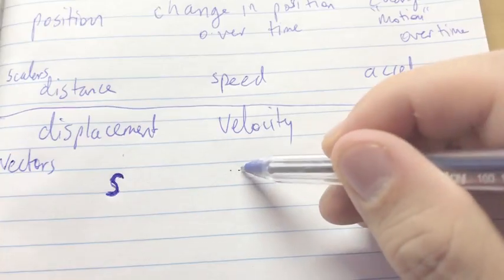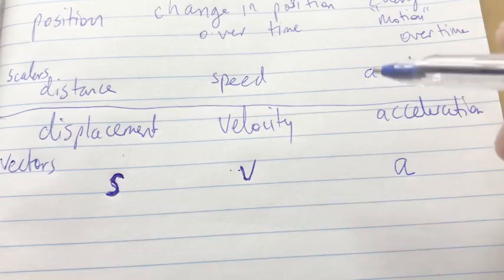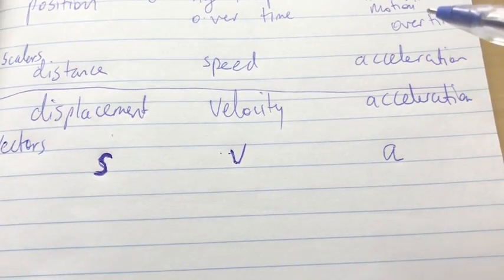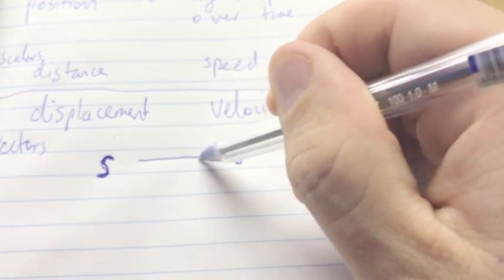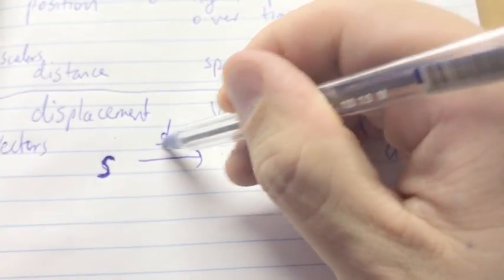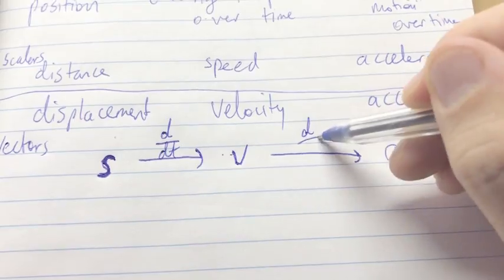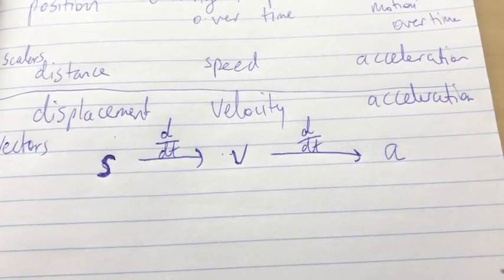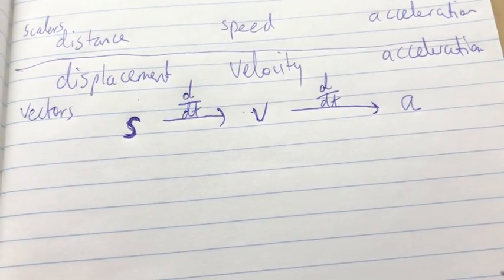The relationship between displacement and velocity and acceleration, at least their magnitudes when the direction is fixed, is that they're derivatives of each other with respect to time. So you get from s to velocity by ds/dt, and you get from v to a by dv/dt.